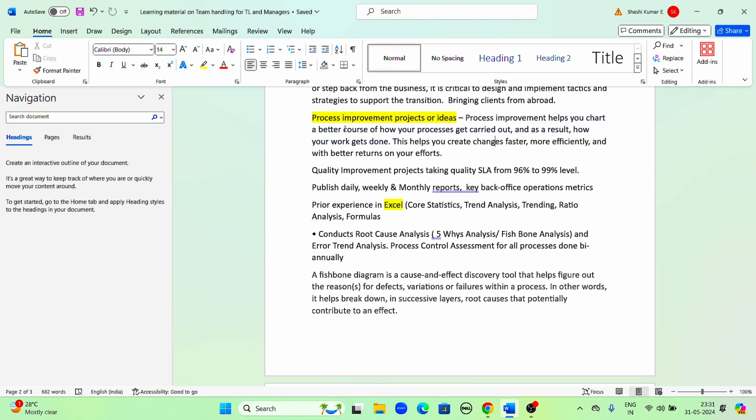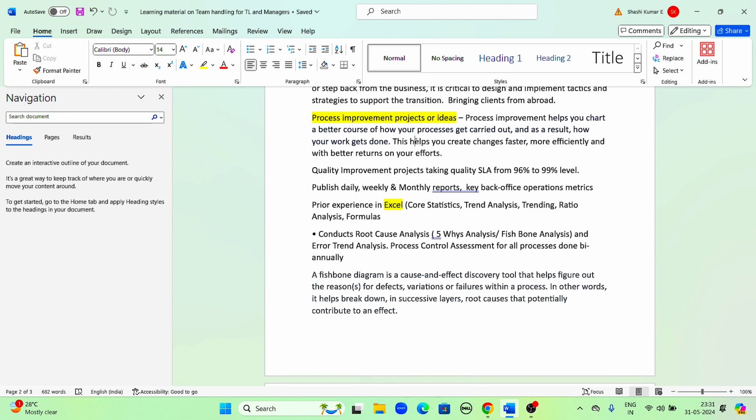And this helps you to create changes faster, more efficiently, and with better returns on your efforts. So it definitely creates recognition. And some companies will inform you to send an email to the manager, or mark it for quality, so that if the ideas are really worthwhile and the client is fine with it, then definitely it can be implemented.